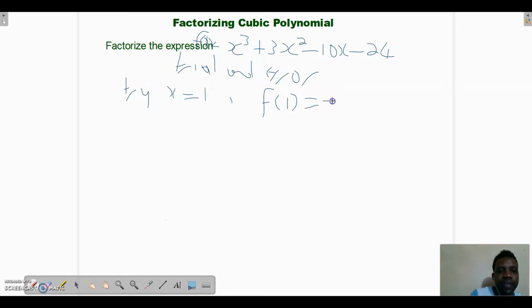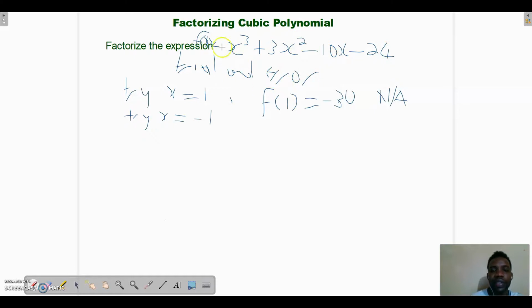Now this would give me negative 30. So I know right away that x equal 1 is not a root. X equal 1 doesn't work. So that is out. Let me say not applicable. We could then try x equal negative 1. And here's the beauty. Sometimes when we look at it, we know that 1 won't work, because to try x equal 1, all we have to do is ignore all the x's and work with the coefficients.